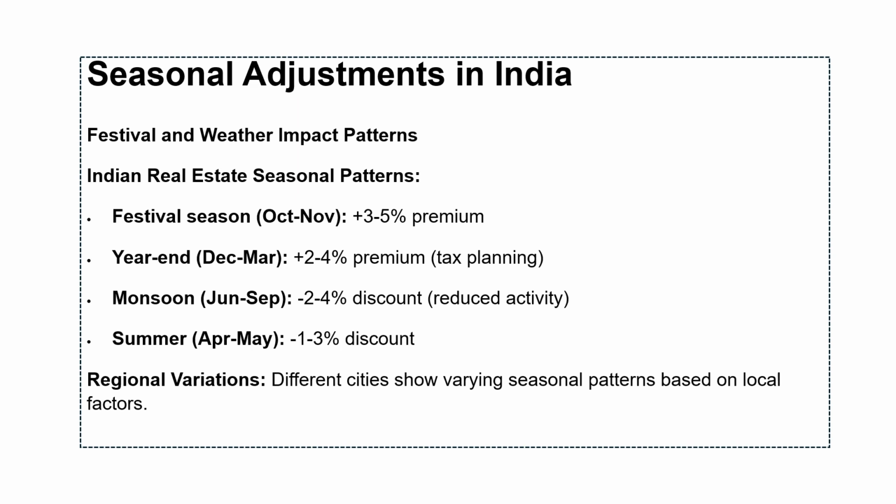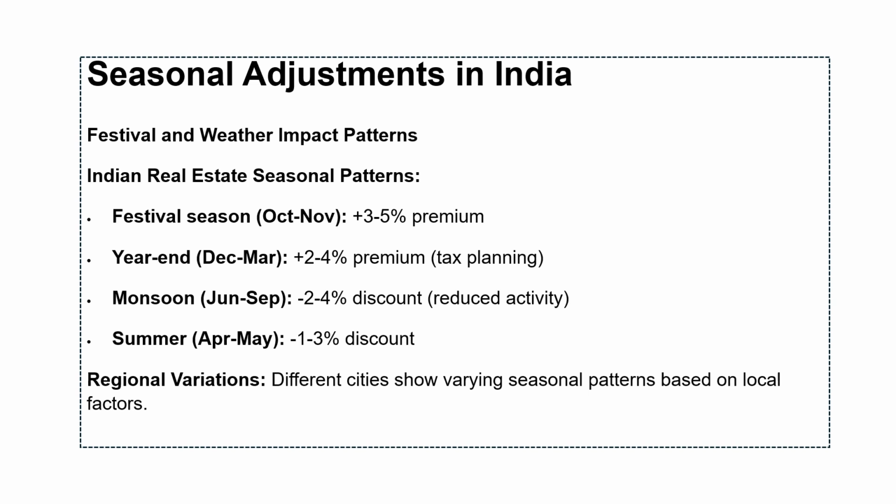So, a price premium of 2 to 5% often emerges due to this concentrated demand. Then year end, near December through March, corporate bonus payments, tax planning considerations, and favorable winter weather mean property viewing and transactions increase. This period shows strong buying activity and price stability with slight upward pressure.